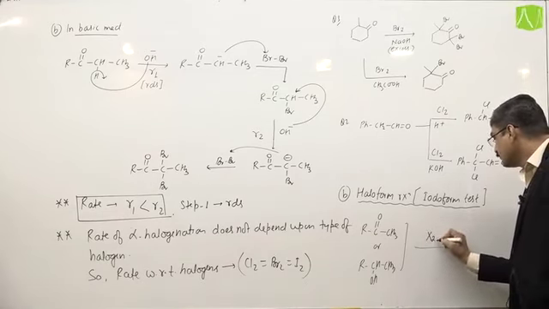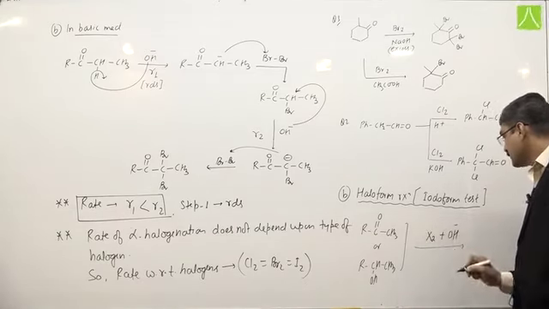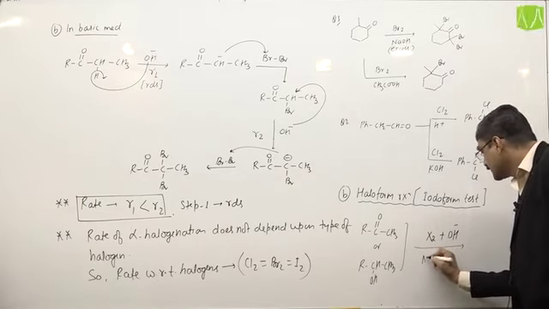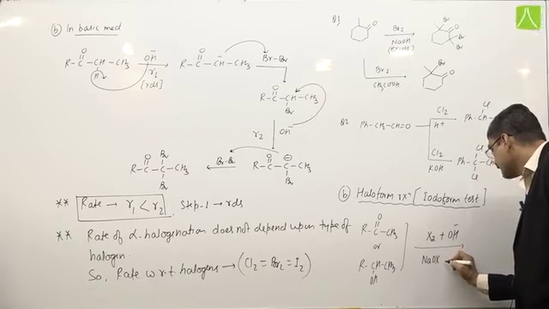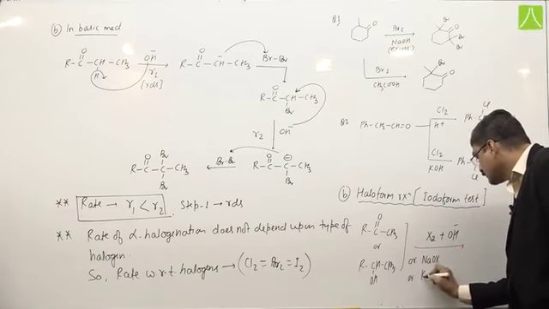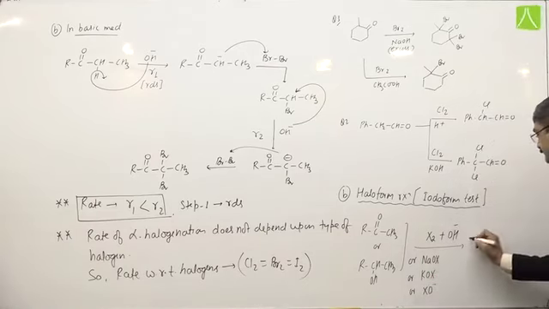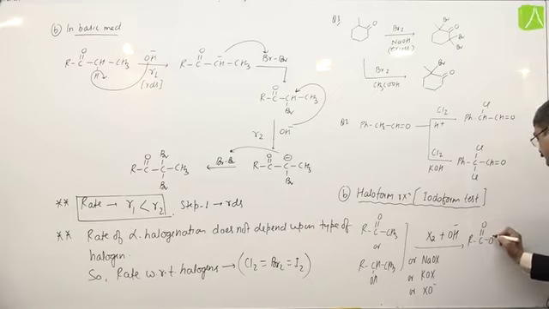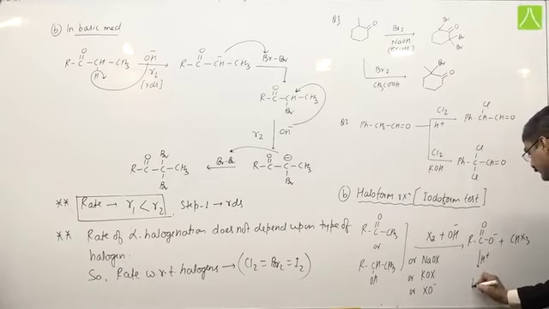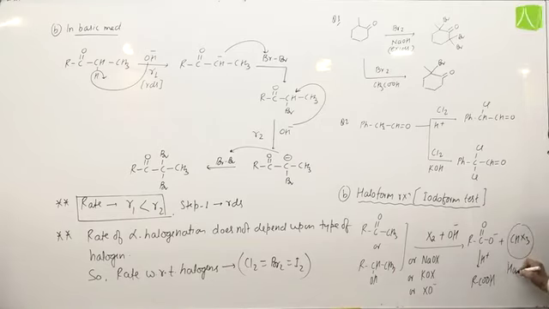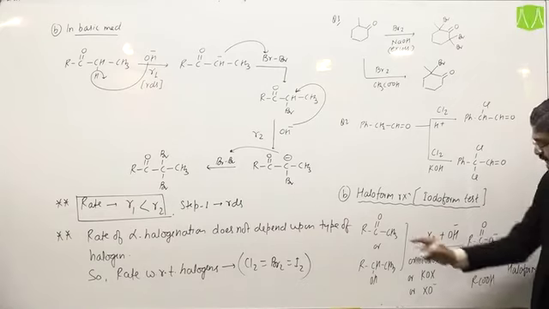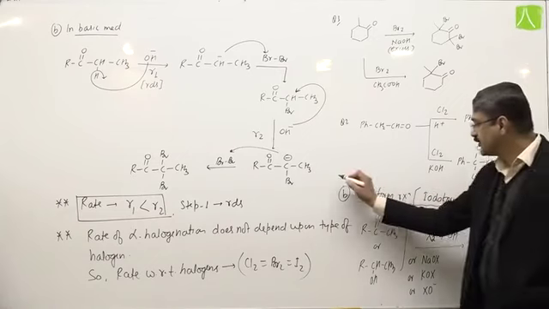If I take X2 plus OH minus in basic medium, or you can write NaOX or KOX or XO minus, then acid salt plus CHX3 is obtained. CHX3 is the haloform, and the acid obtained has one carbon less than the reactant.